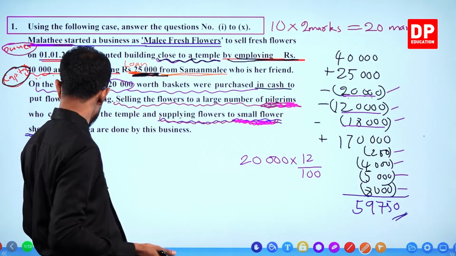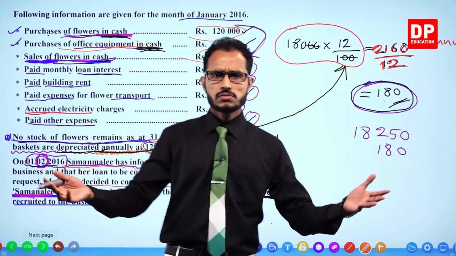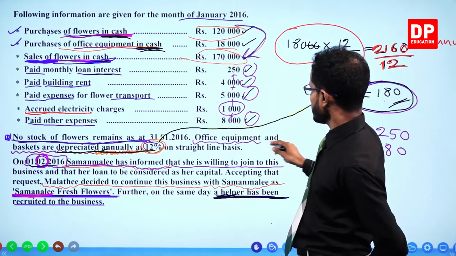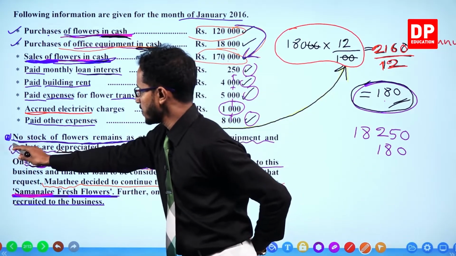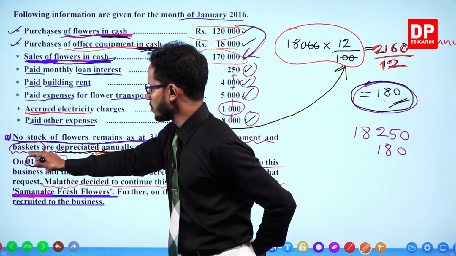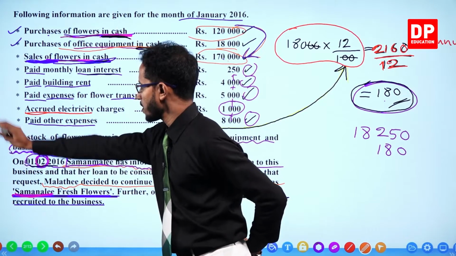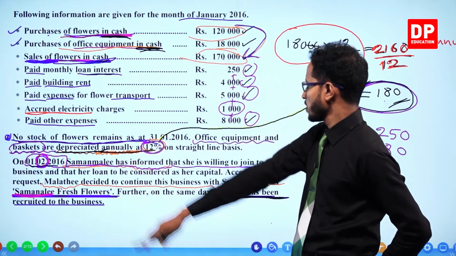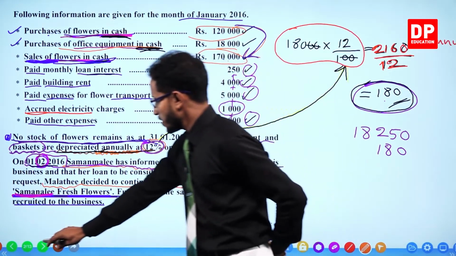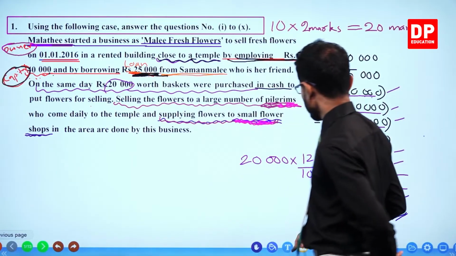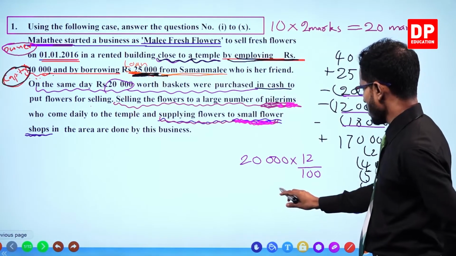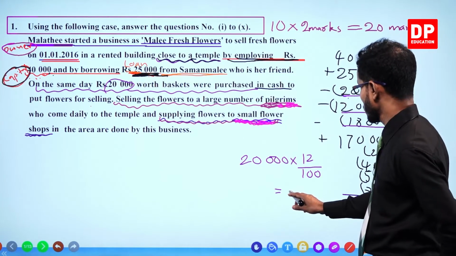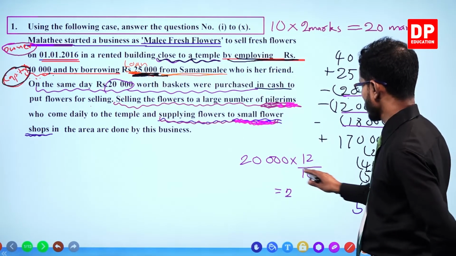Of course, 12%. See, office equipments and baskets. We are taking baskets now. Okay, baskets, 12%. Now take it. 20,000 into 12%. How much? Cut the zeros.